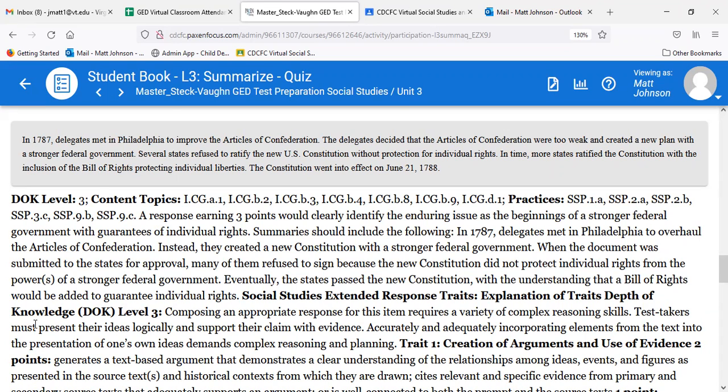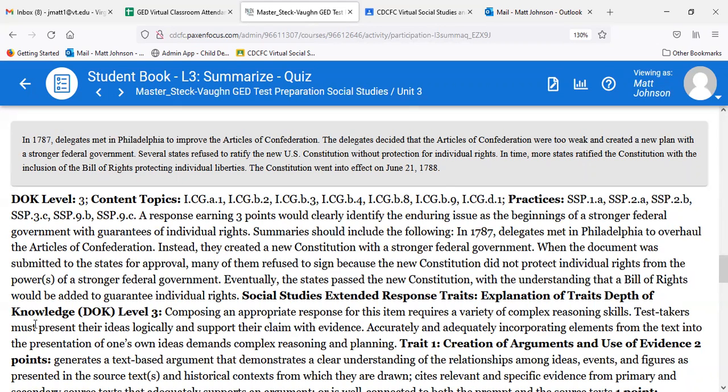That's kind of nitpicky, but we did mention that there was no protection of individual rights, right? That's the important part there. And then eventually the states passed the new constitution with the understanding that a Bill of Rights would be added to guarantee individual rights. So we got all that, right?